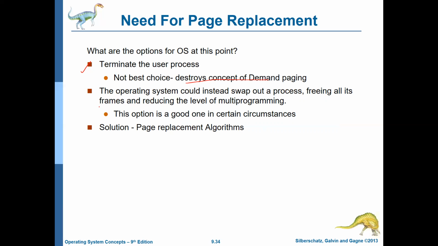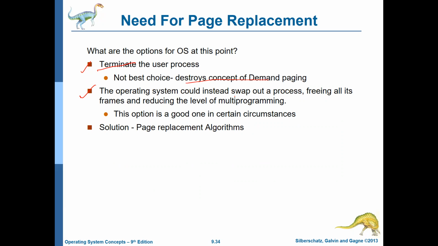The second thing is the operating system could swap out a process, freeing all its frames and reducing the level of multiprogramming. This is actually similar to the first one. The only difference is the first one was terminating the process, while this one is swapping out everything, which is equivalent to terminating, except that it is not fully terminated. You just swap out.